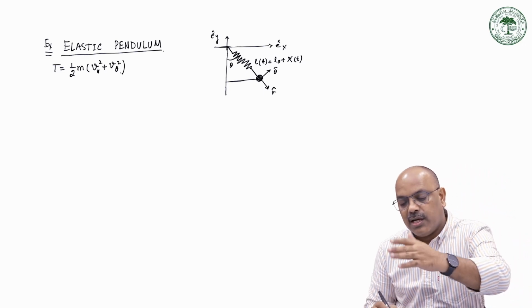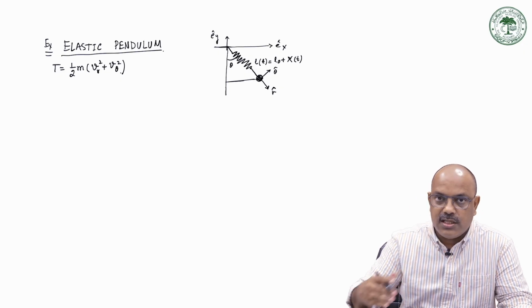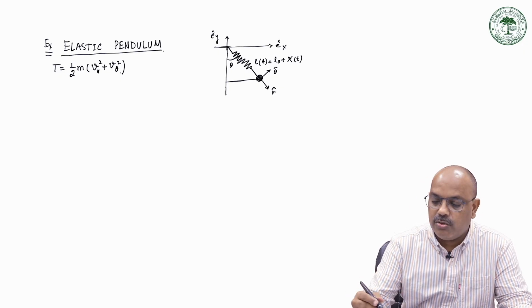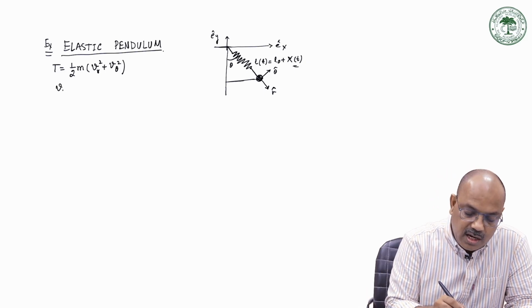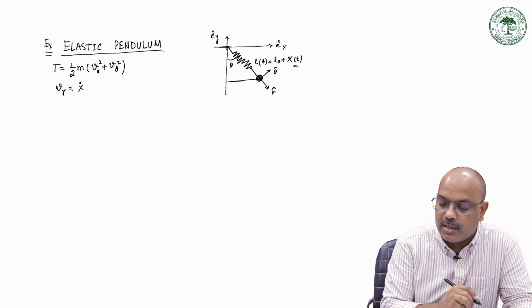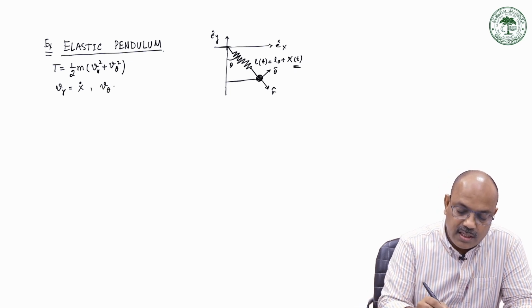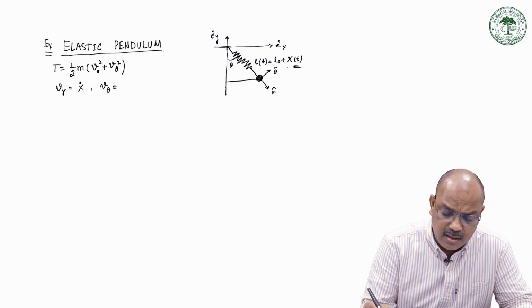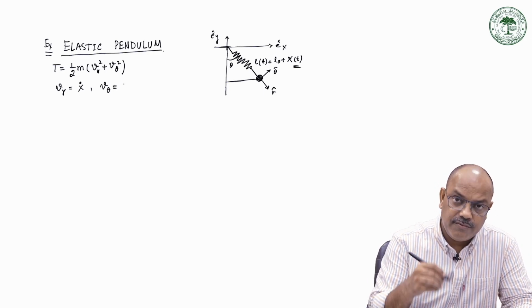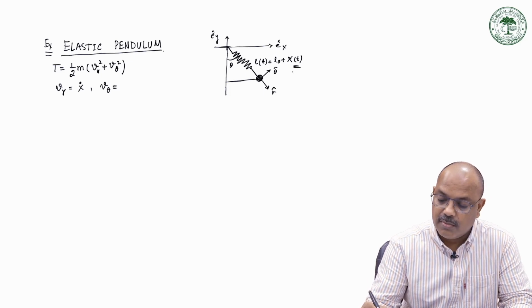For the kinetic energy, it is half m times vr square plus the velocity in the theta direction squared. In the r direction it is x dot, and v theta is r theta dot.